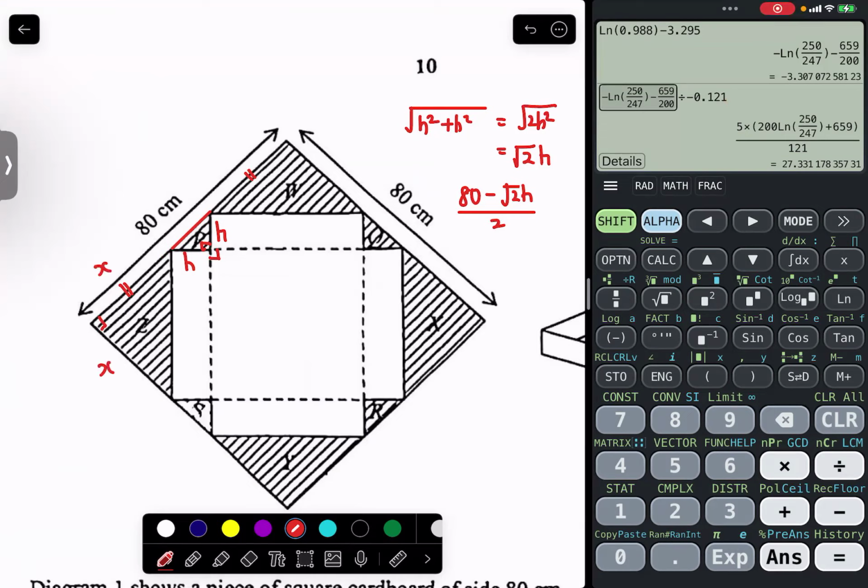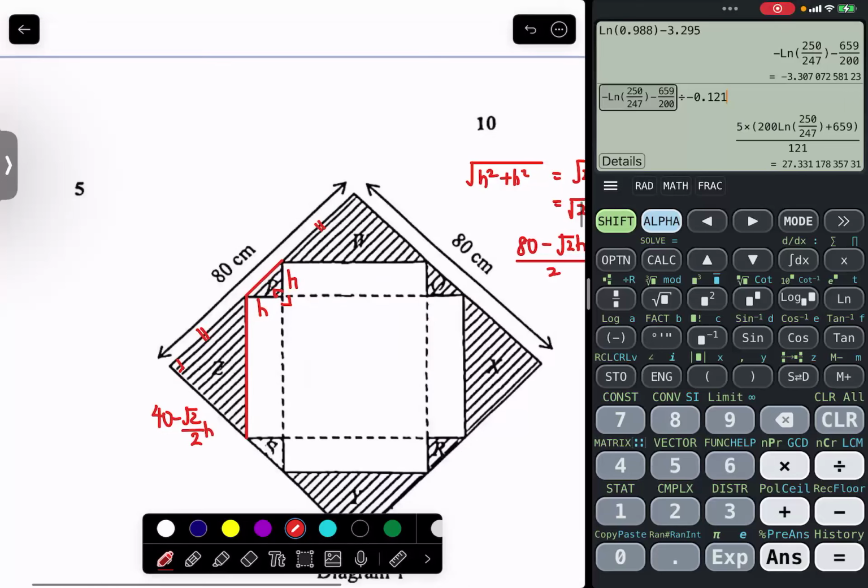Let's call it 40 minus square root 2 over 2 h, which makes the length down here Pythagoras again, so double work. So I will have (40 minus square root 2 over 2 h) squared times 2, then square root.